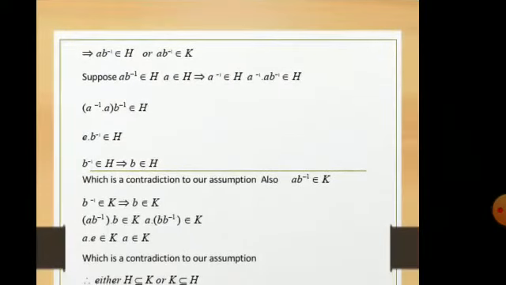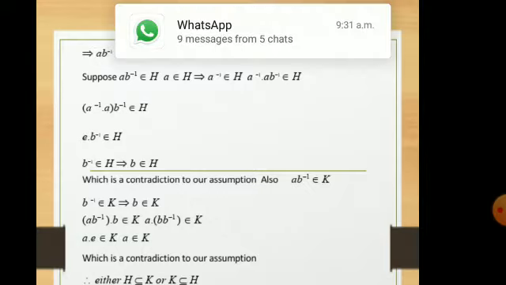That means ab inverse belongs to H or ab inverse belongs to K. Suppose ab inverse belongs to H. Then a belongs to H, which implies a inverse belongs to H. By the closure property, we multiply a inverse into ab inverse, which belongs to H. Now associating a inverse with a, we get e. So e times b inverse belongs to H.